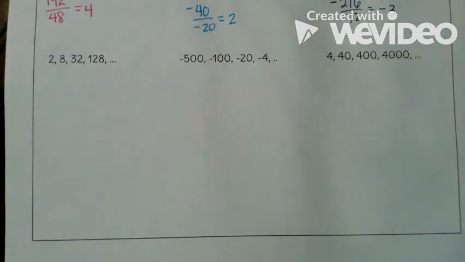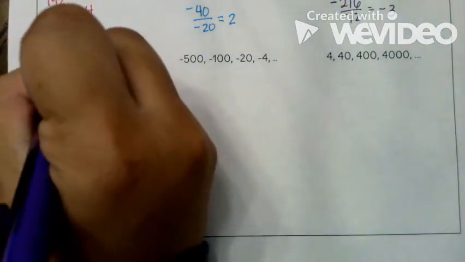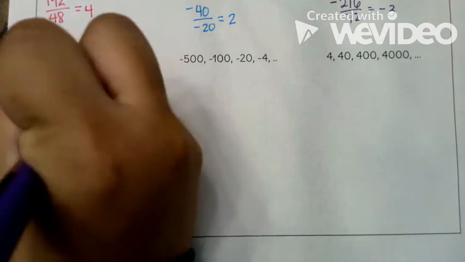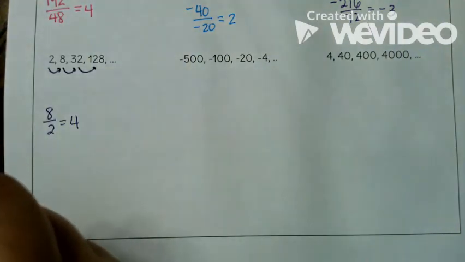For the sequence 2, 8, 32, 128, what do you think the common ratio is? So for this one, to keep finding the next one, I would go 8 divided by 2, which gives me 4.